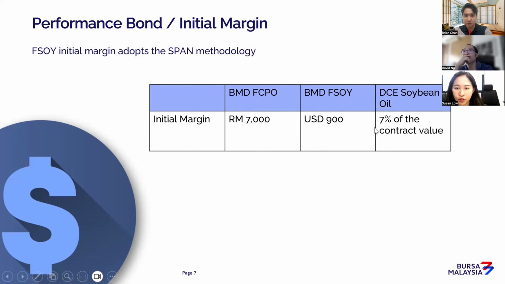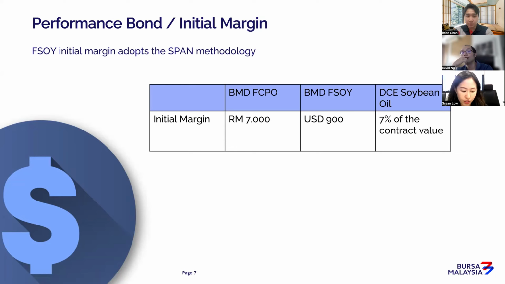Compared to DCE soybean oil, how the margin works is slightly different from ours. They are using a percentage against the daily settlement value of the contract itself. So it is 7%. Using some calculations to compare the margin, let's see how many percent FSoy is compared to its value.